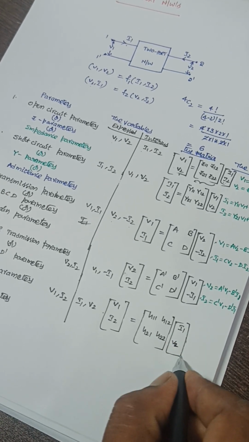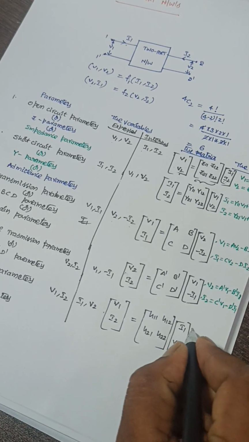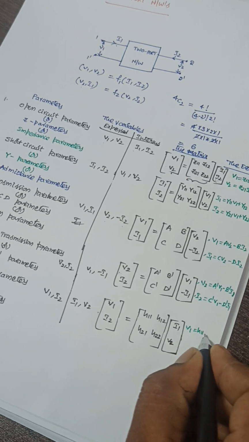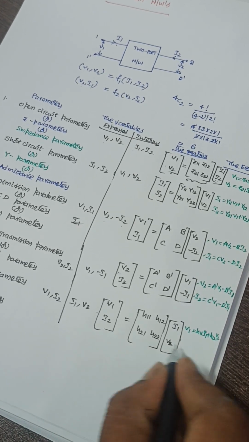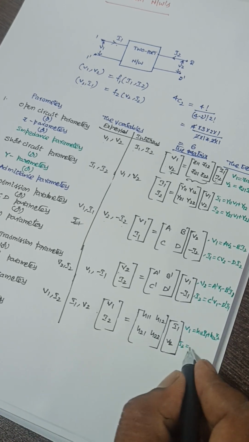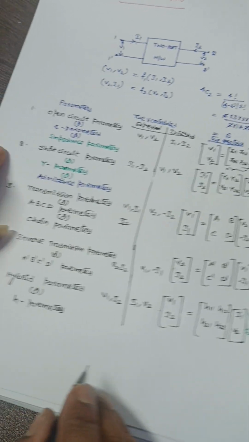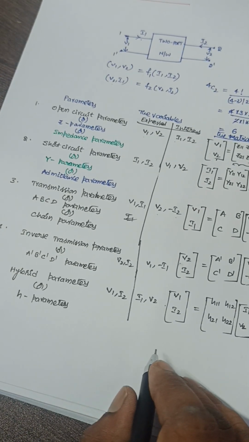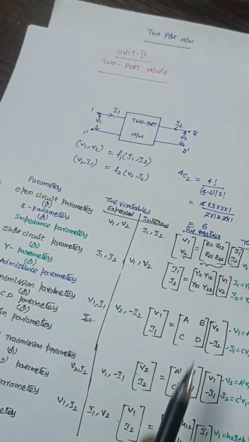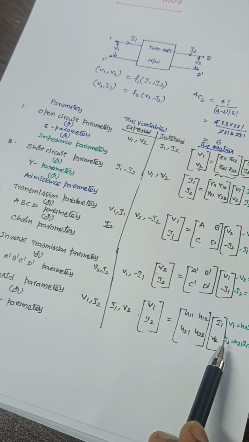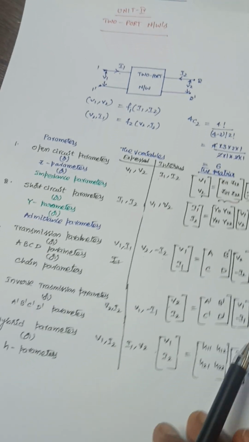In equation notation, V1 is equal to H11 I1 plus H12 V2, and I2 is equal to H21 I1 plus H22 V2. So this is how, among these four variables, two can be represented in terms of the other two, using Z parameters, Y parameters, ABCD and hybrid parameters.